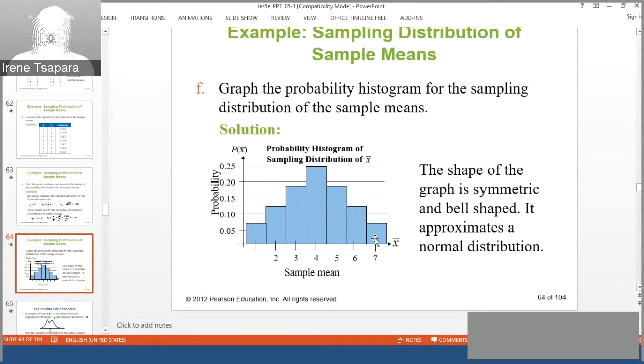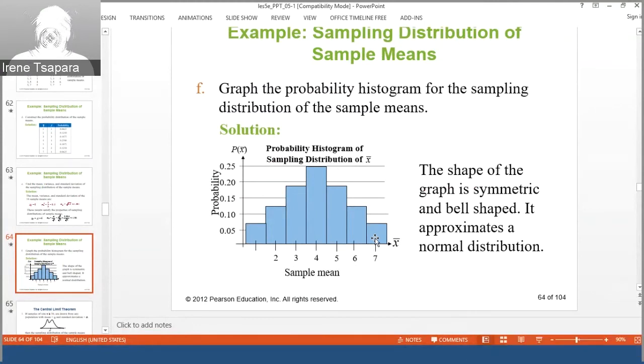In the specific example, it was a uniform population where each one of the values in the population appeared once. Very simple one, a uniform population. We created the means with size 2 and looking now into the probability distribution of the means of those samples, we have a bell-shaped histogram.